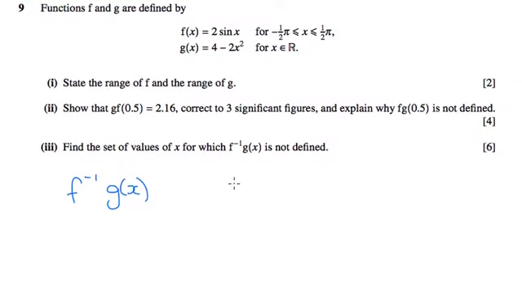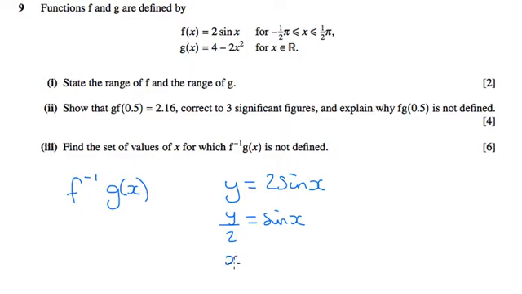First of all, we need to have f to the minus 1 of x. In order to work that out, I'm going to write down f of x as a y and have 2 sine x there. I'm going to make x the subject, so we're going to have y over 2 equals sine x.